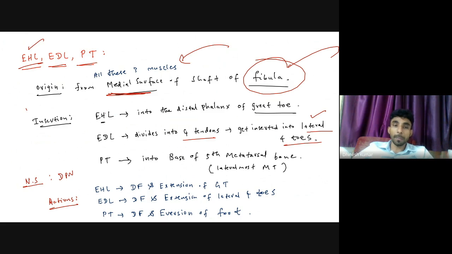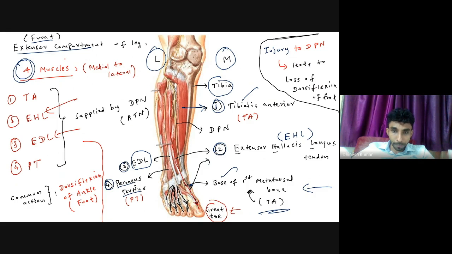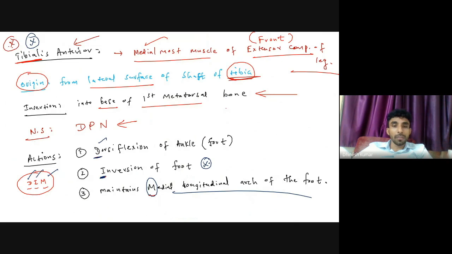What about the insertion? Hallucis longus is inserted into the distal phalanx of great toe. What about digitorum longus? It will divide into four tendons, which will get inserted into the lateral four toes, as you see in this image. Peroneus tertius won't be asked, so you need not bother.